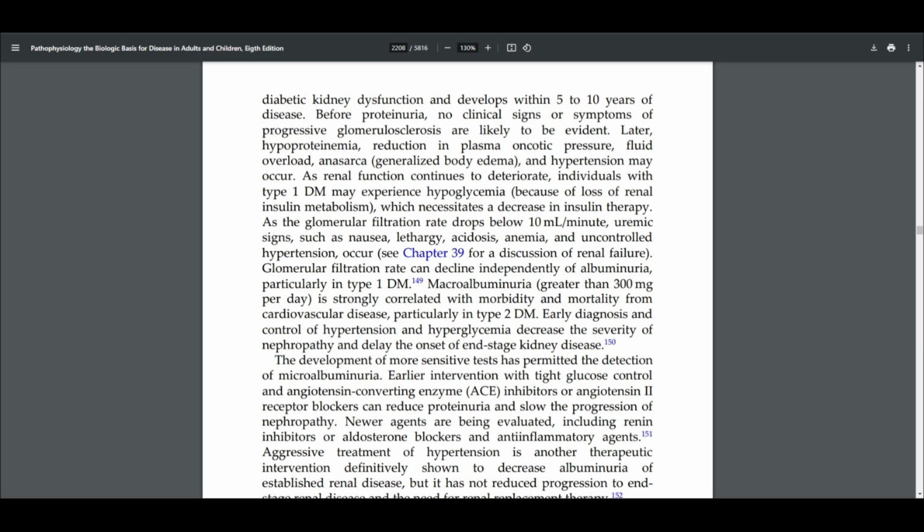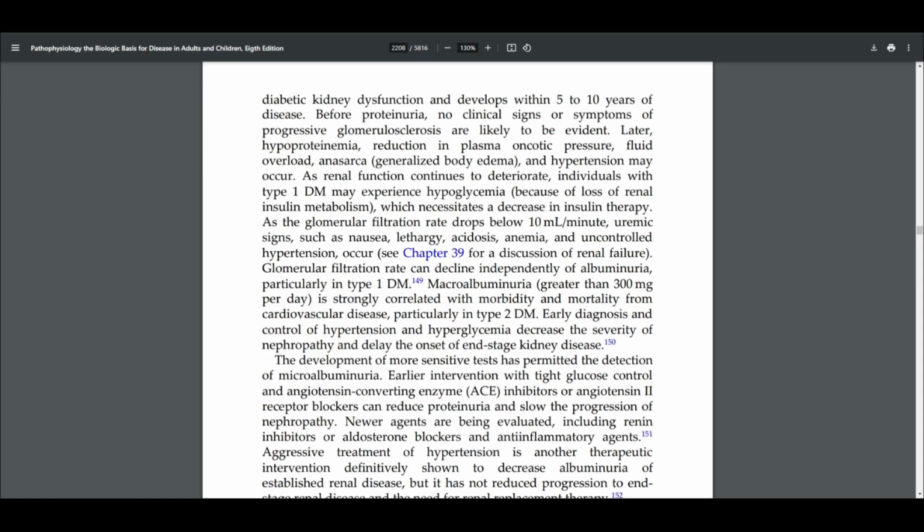Individuals with type 1 diabetes may experience hypoglycemia, which necessitates a decrease in insulin therapy as the glomerular filtration rate drops below 10 ml per minute. Uremic signs such as nausea, lethargy, acidosis, anemia, and uncontrolled hypertension occur.